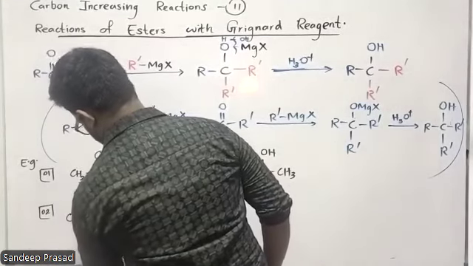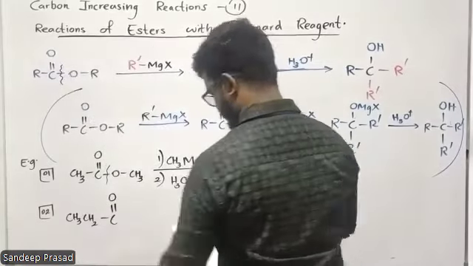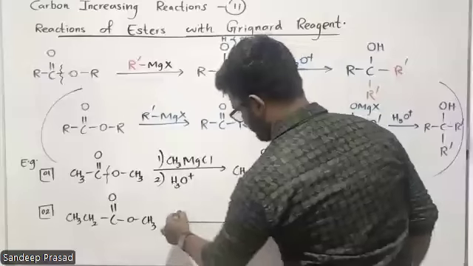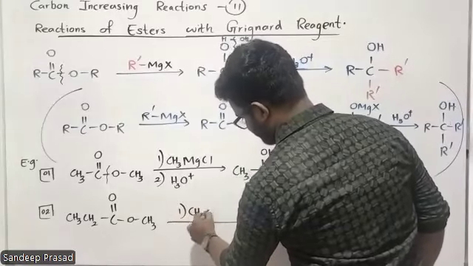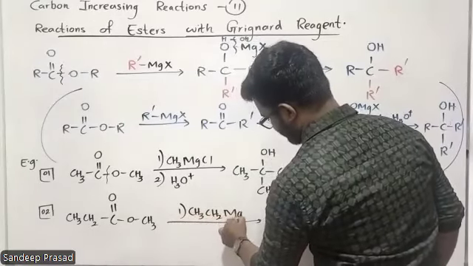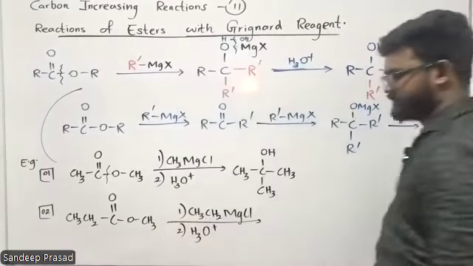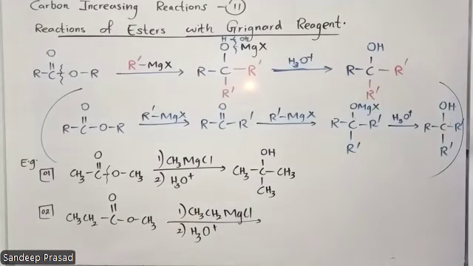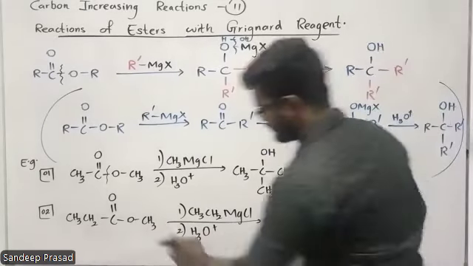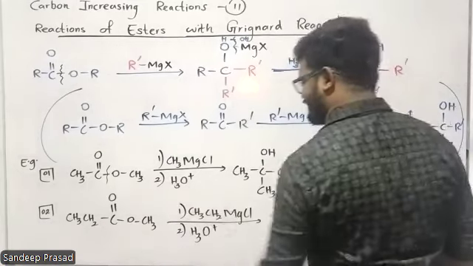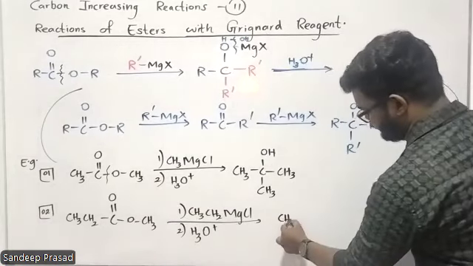Number 2. CH3CH2C double bond OCH3. Then we are adding a Grignard reagent like CH3CH2MgCl. H3O plus is added secondly. Then remember, students, this alkyl group is connected to that carbon atom two times.